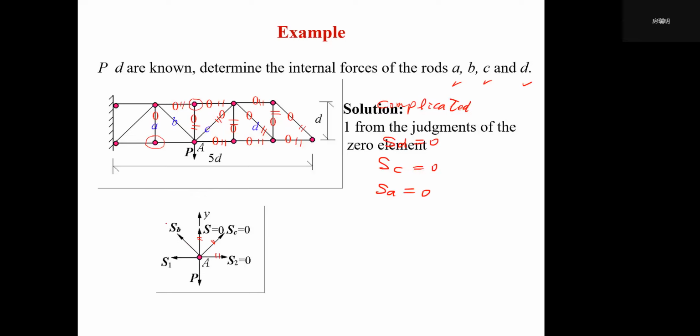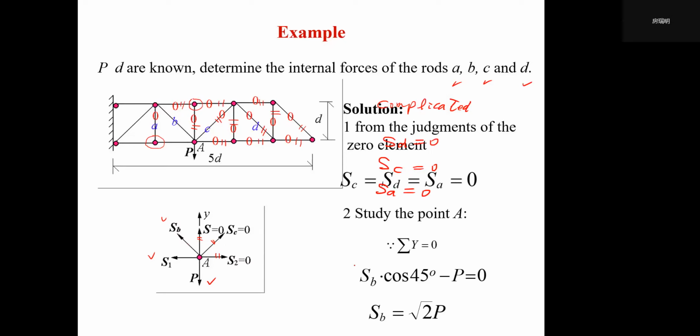So only this, this, and this. Then it's quite easy to use sigma x equals 0, sigma y equals 0 to find SB equals this one. So we do not require that you understand how to use these so-called special members to simplify our problems. But I hope you have an impression, right?